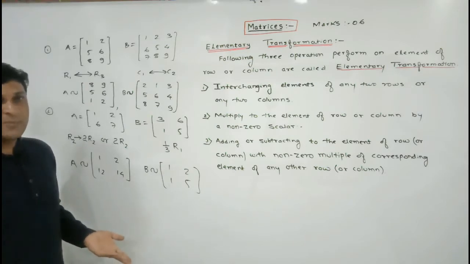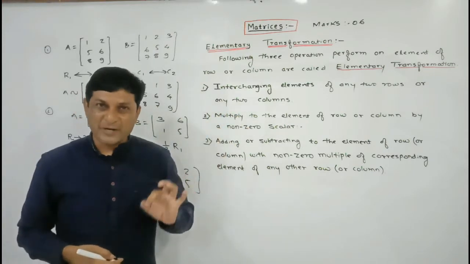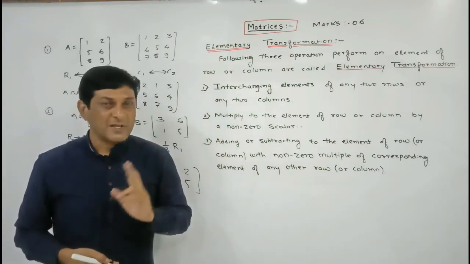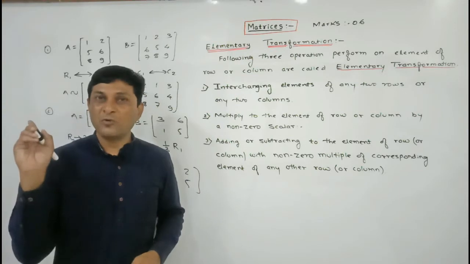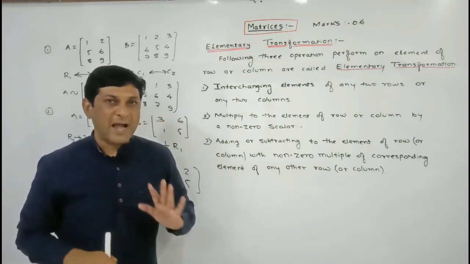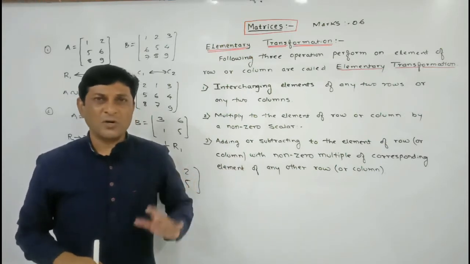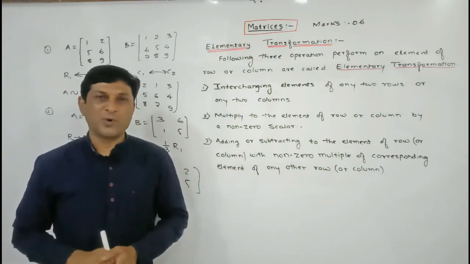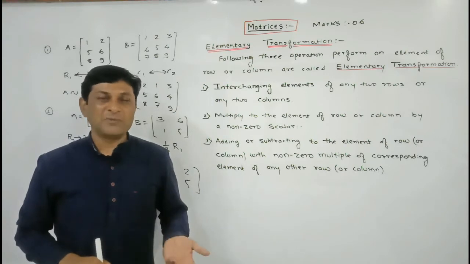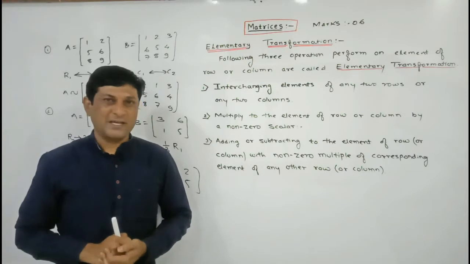So very simple operations are there. The first operation says that we are able to interchange the elements of any two rows or any two columns. The second operation says that we are able to multiply the elements of a row or a column by a non-zero real number, meaning a non-zero scalar. The third operation is very important, because most of the time we use this third operation while solving examples.